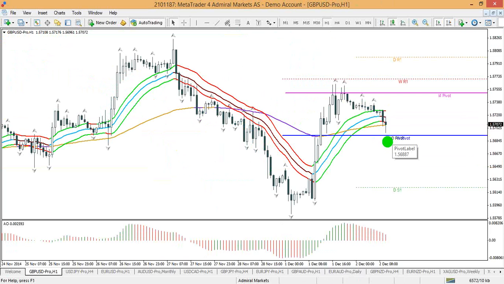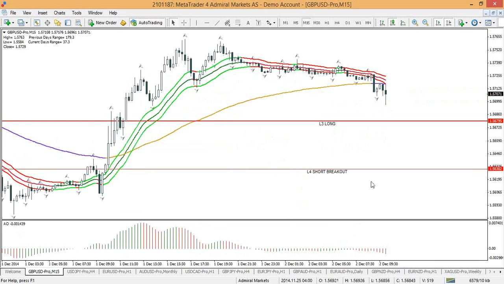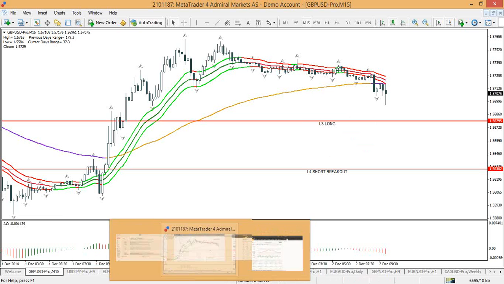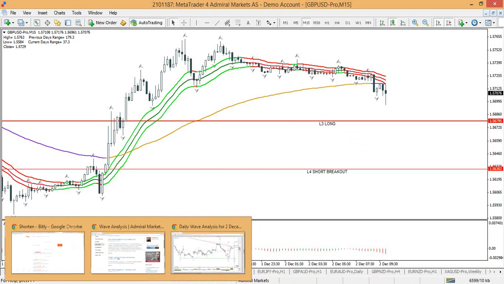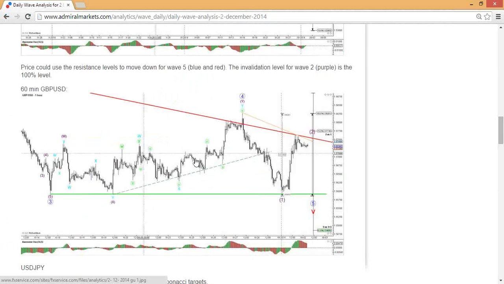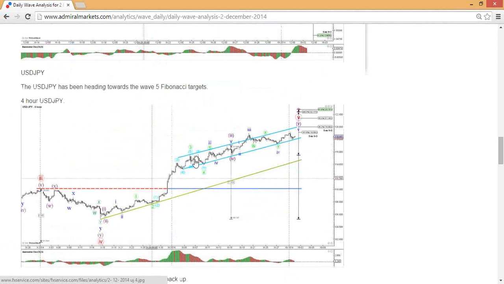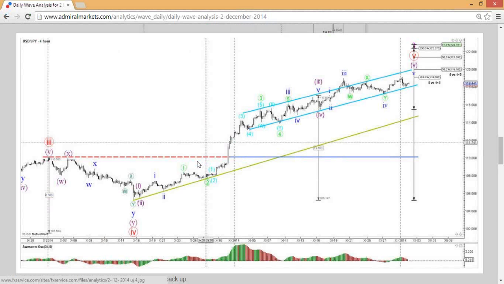So probably the best is not to take it now, but wait for the daily and weekly pivot point to break. Push through that level, and a push through L3. That could be an interesting intraday setup on the pound dollar. So that's coming up, I think, when looking at price action. Alrighty, so let me head back. Looks like shorts on the pound dollar and Eurodollar.